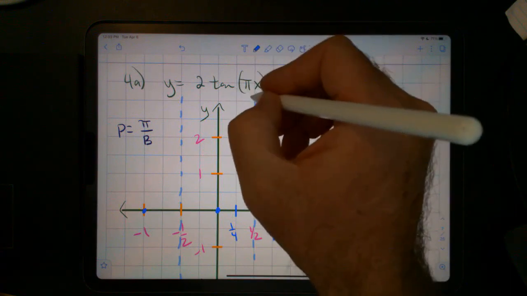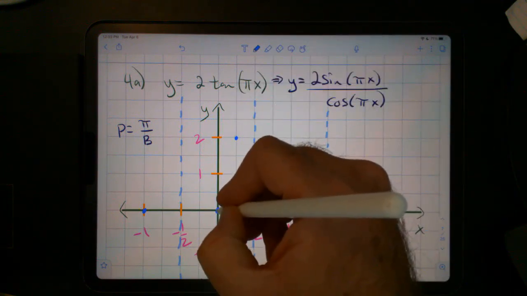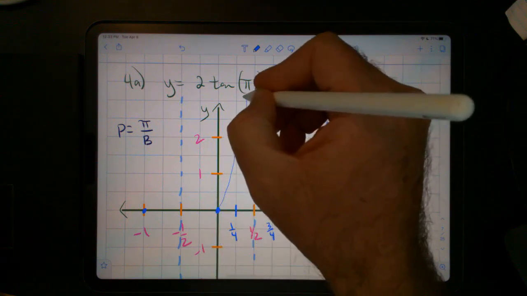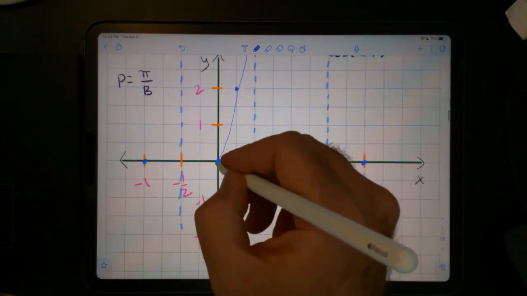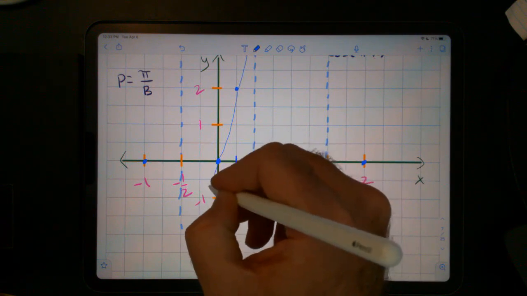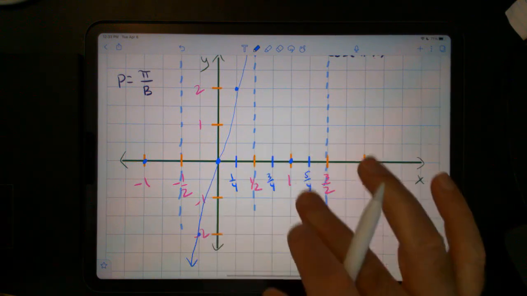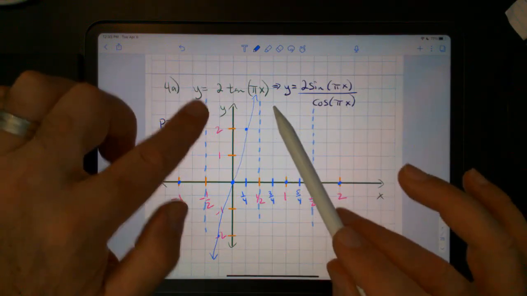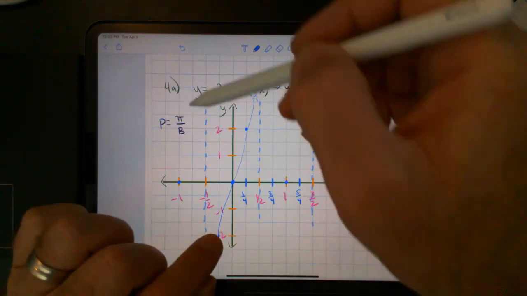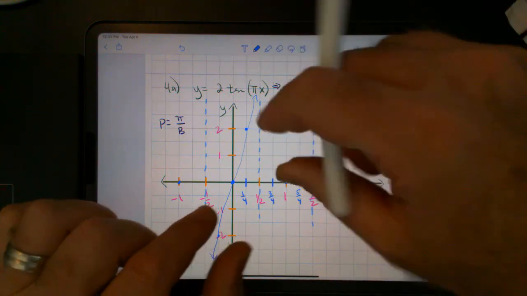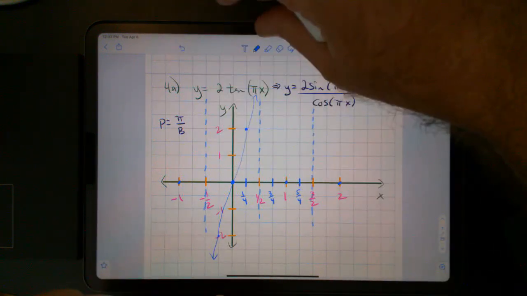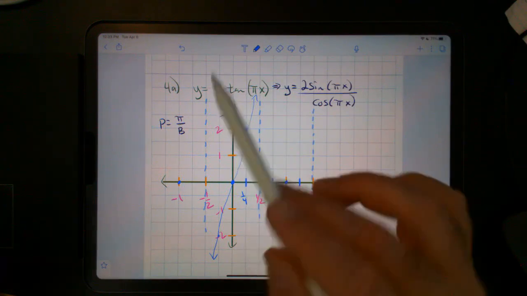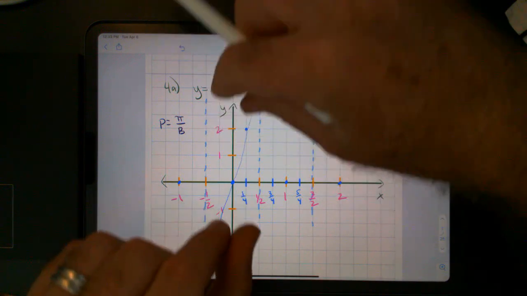And then this graph is going to be a curvy line. This has the same shape as a tangent graph, but because your A is 2, it's going to stretch it. If your A is between 0 and 1, it's going to make it fatter.